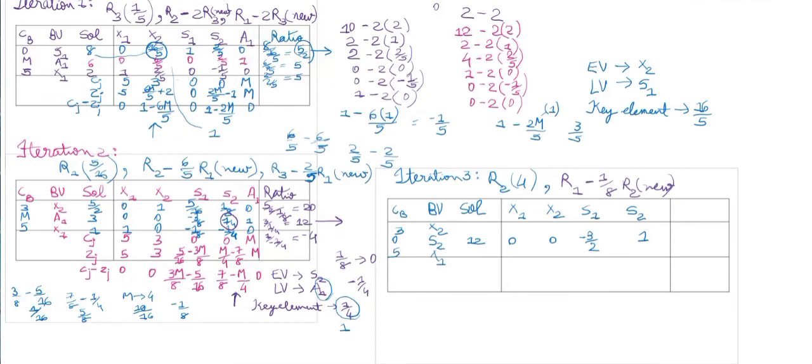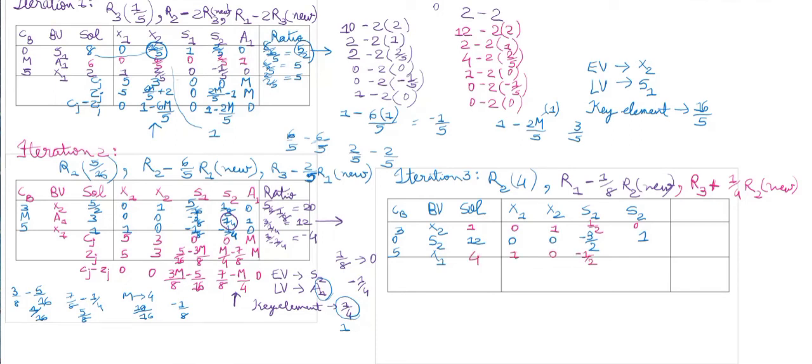So that row operation will be R3 minus 1 by 4 into R1. That is, we write it as R3 plus 1 by 4 into R1. On performing these row operations, in the first row we get the values as 1, 0, 1, 1 by 2 and 0. And in the last row we get the values as 4, 1, 0, minus 1 by 2, 0.